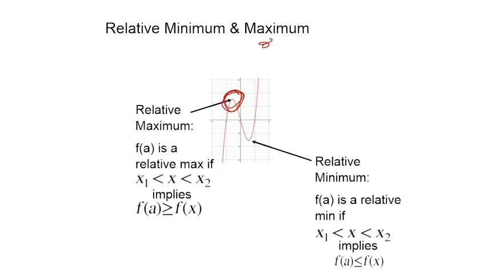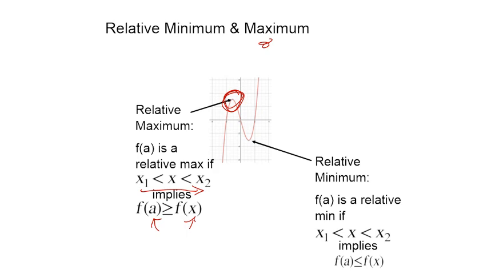So by definition, f of a is a relative max if x1 is less than x is less than x2, so that means that as we're moving from left to right, f of a is greater than f of x. Essentially, the output from the a value that we plug in is greater than any other output you would get from that particular location.